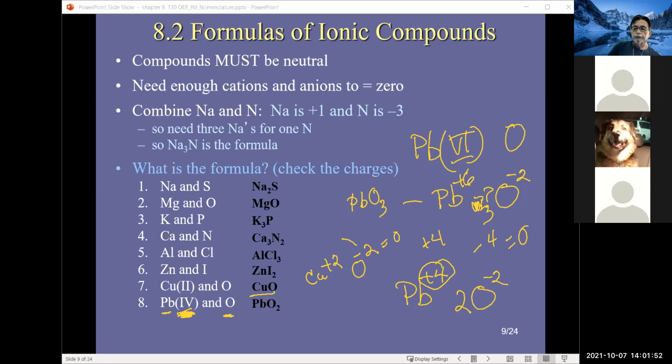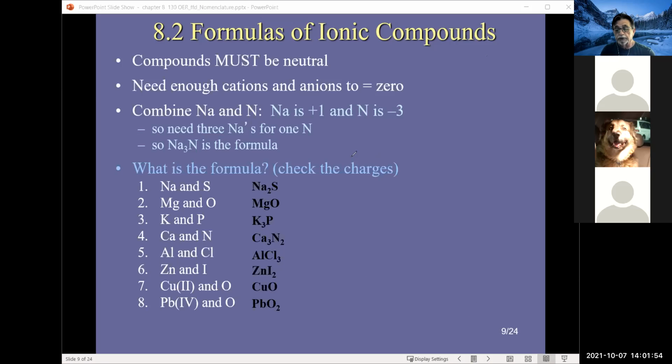Okay. All right. So name-wise, we had sodium up on top, sodium sulfide. Remember, we changed the name from sulfur to sulfide for the anion. We had magnesium, not manganese, but magnesium oxide. The oxygen, when it becomes an anion, changes the name to oxide. We have potassium phosphide, phosphorus becomes phosphide.